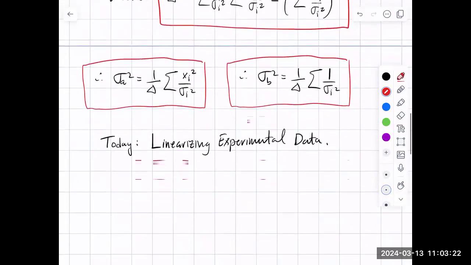So today is pretty simple, pretty straightforward stuff. I just want to go through some examples of why linear fits are so important and so common. The reason that linear fits are useful is because there's no guesswork in determining the slope and intercept.